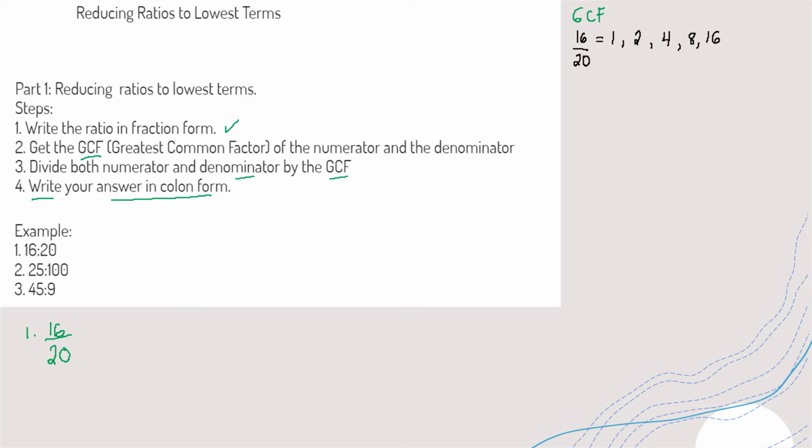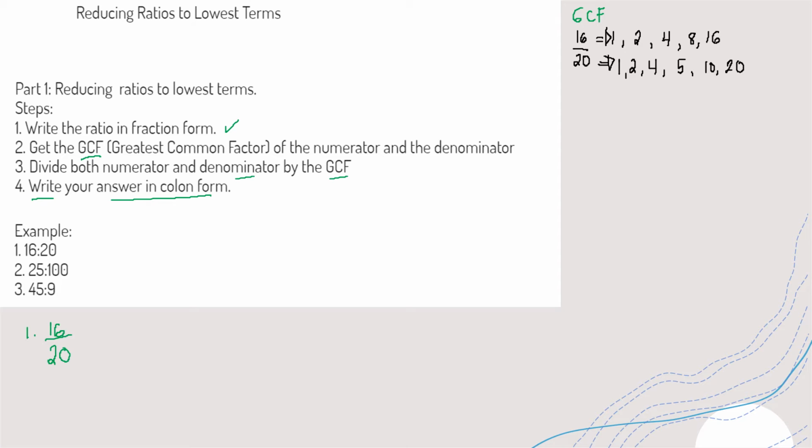For 20, we have 1 times 20, 2 times 10, and 4 times 5. Do we still have more? None. So these are all the factors of 16 and 20.